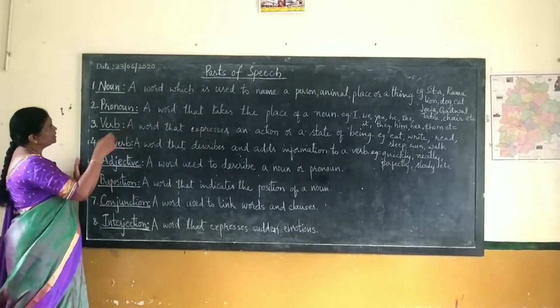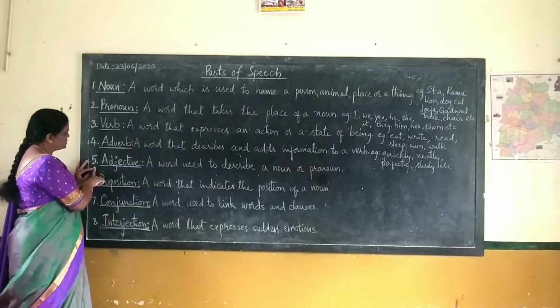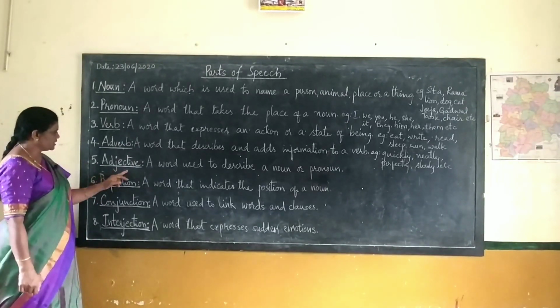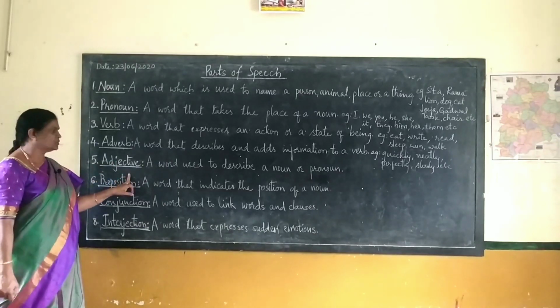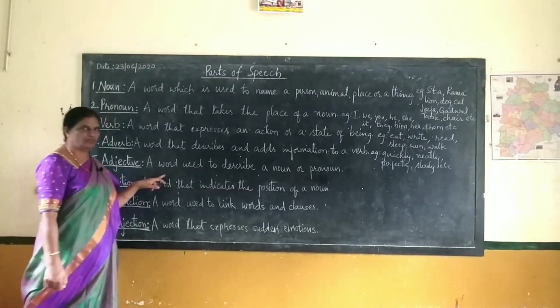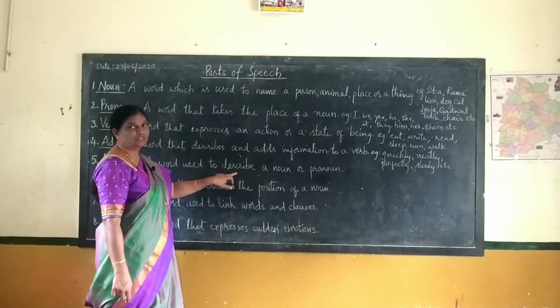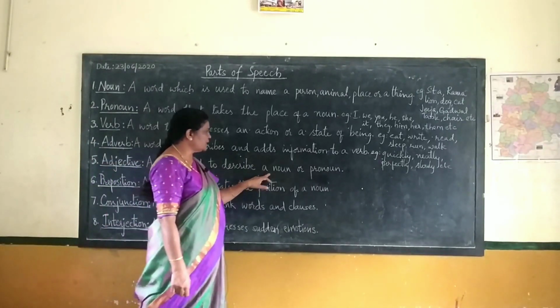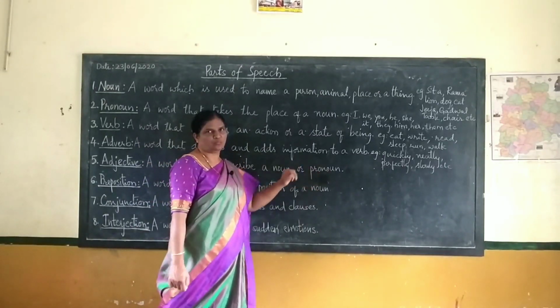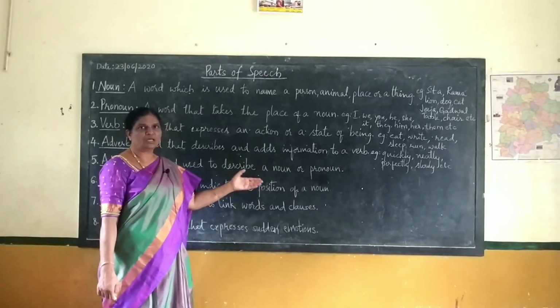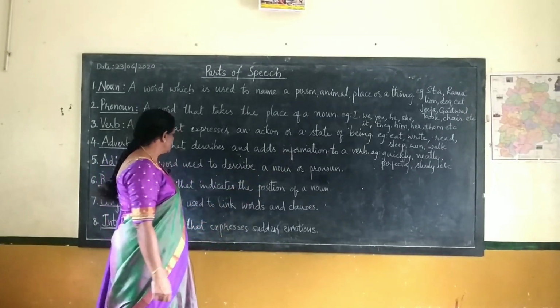And the next part of speech is adjective. What is an adjective? Adjective is a word used to describe a noun or pronoun. It is used to describe a noun or a pronoun.